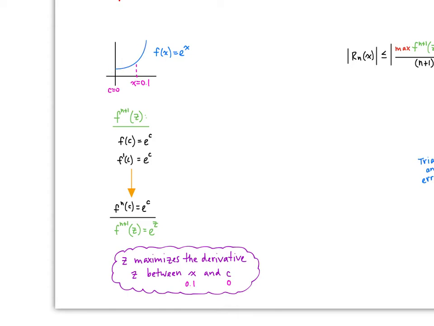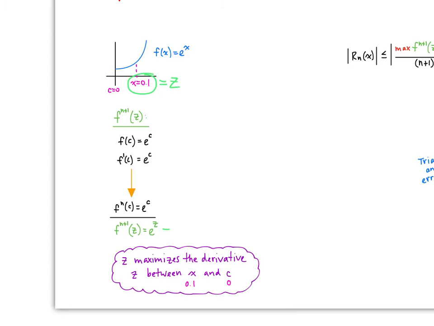So what is z going to be? If we focus on this graph here, we're comparing c to x. Which value here is going to have our maximum? Well, hopefully you recognize that our maximum is going to occur when x equals 0.1, which is going to be our z value.